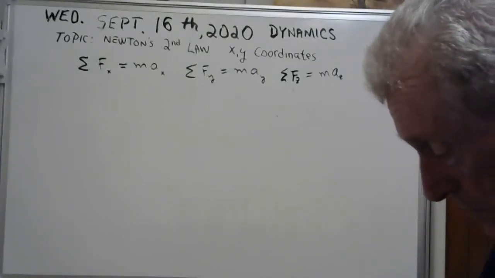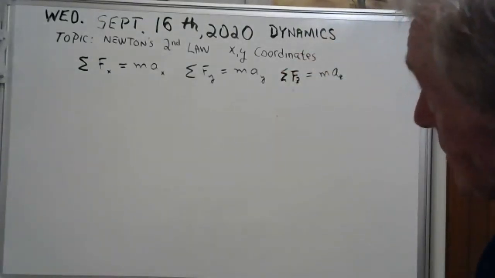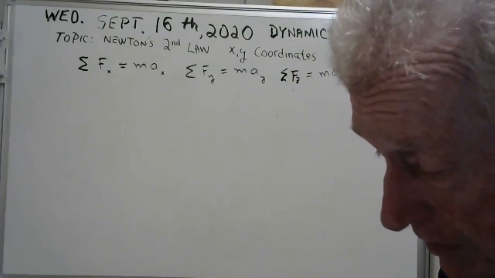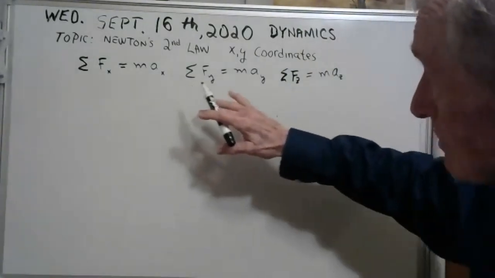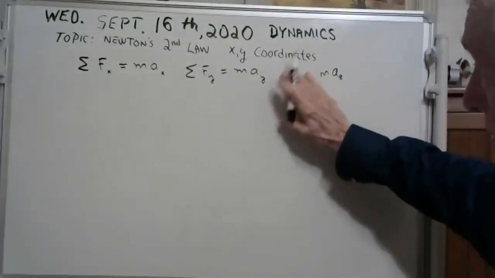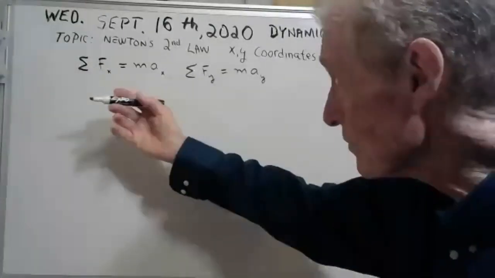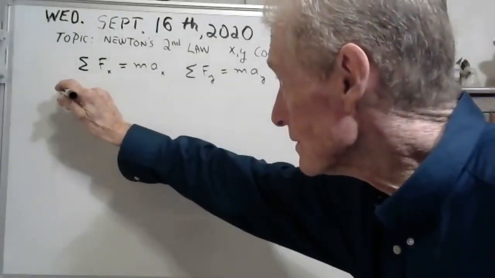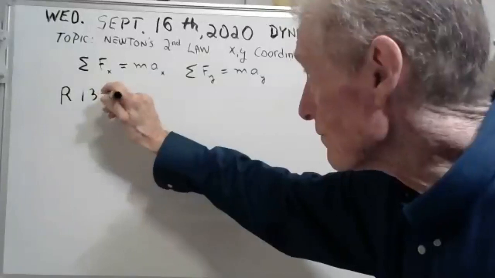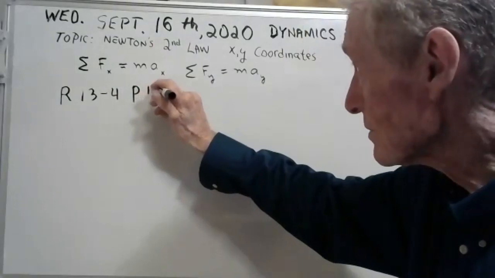We're going to start next time on the normal tangential, so this is our last time specifically on the XY stuff. Never mind the Z stuff, we're not going to do that. Let's do some of these review problems. This is sort of a review problem, 13.4, on page 176.